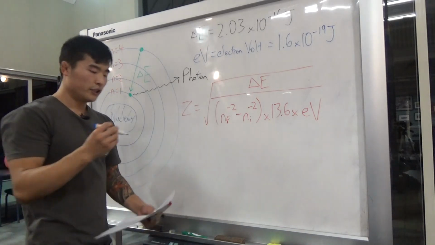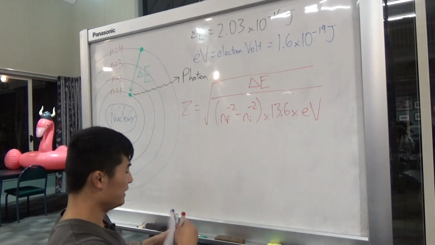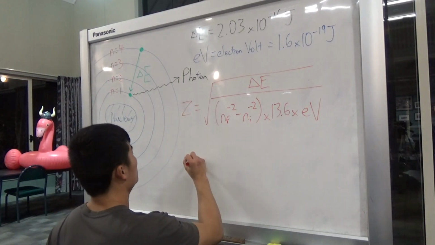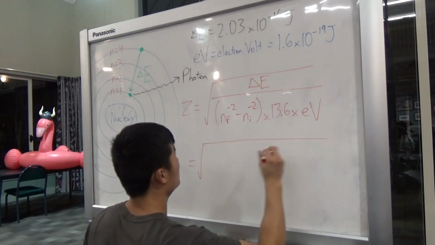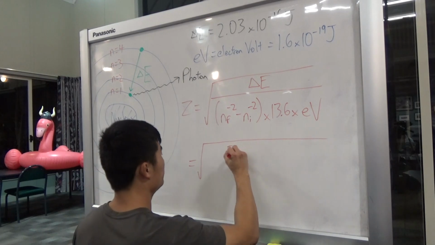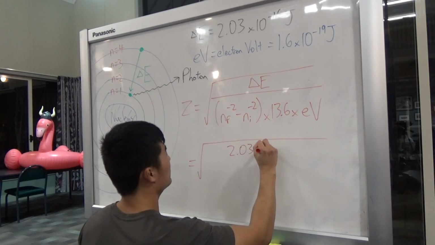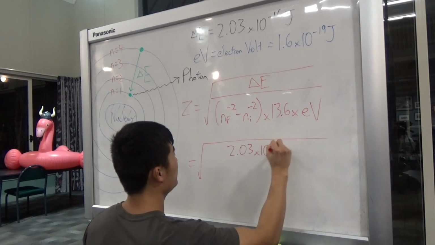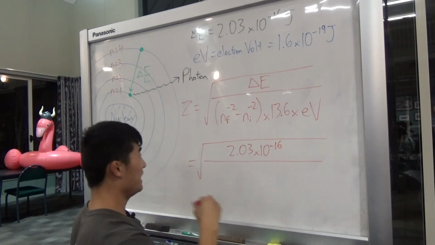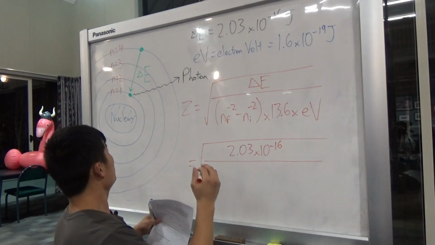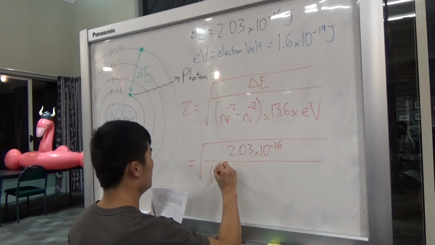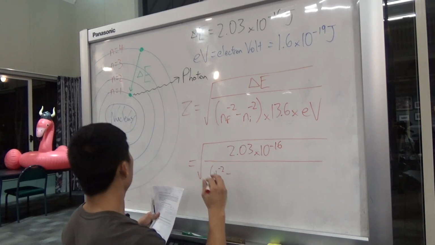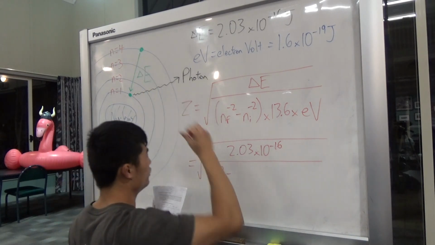Okay, so let's put our numbers in. So delta E was 2.03 times 10 to the negative 16 divided by our final orbital, which was 1. So 1 to the power of negative 2 minus our initial orbital, which was 4.